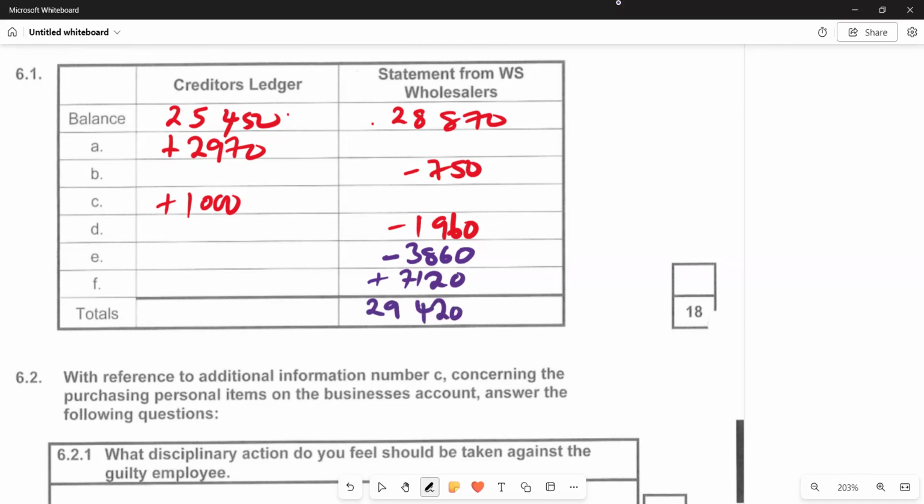We do the same thing to the creditors ledger, 25,450 plus 2,970 plus 1,000. Then we are going to get 29,420. So this is what we have. So this marks the end of our creditors reconciliation in terms of our creditors ledger column, and the statement from WS Sellers as our supplier.